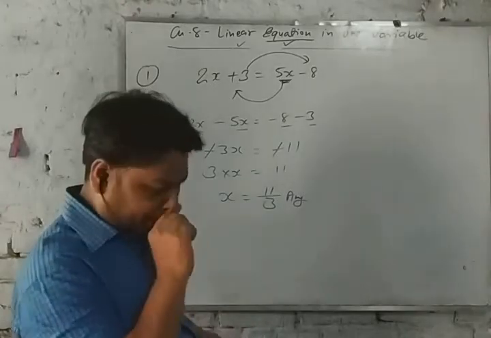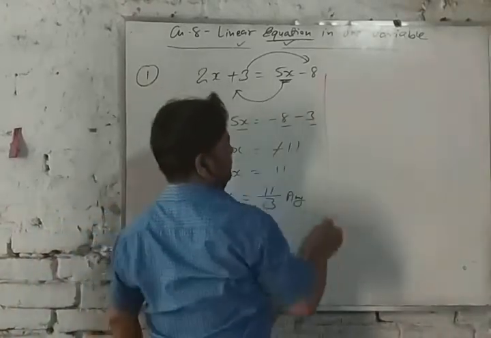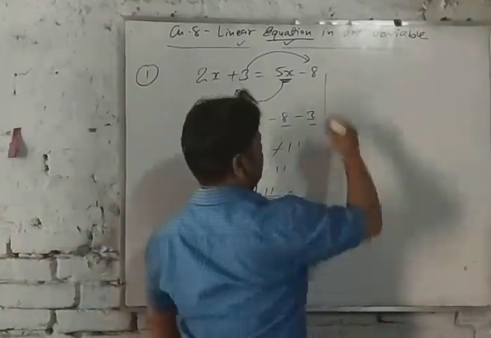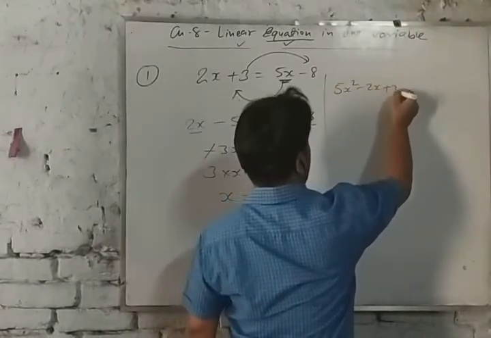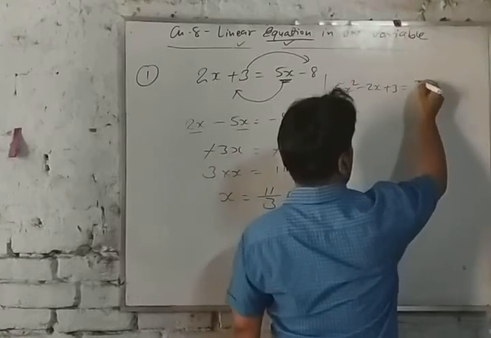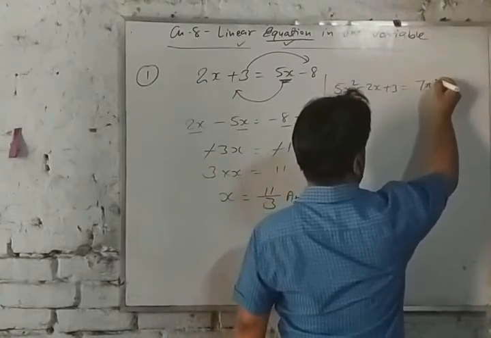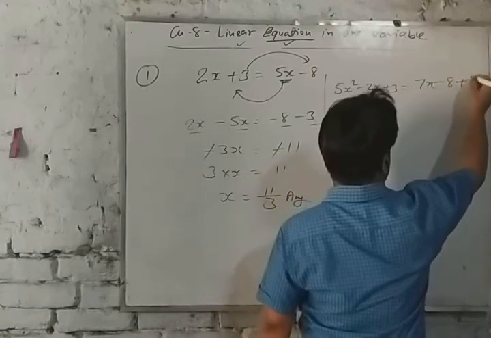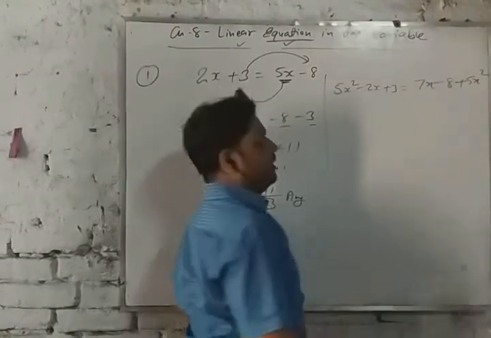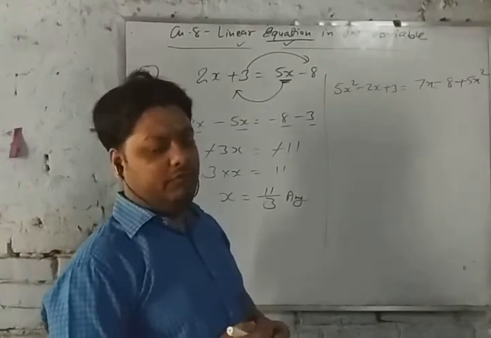So 11 by 3 is our answer. Okay, dear, one more question. The question is 5x square minus 2x plus 3 equal to 7x minus 8 plus 5x square. Now we have to find the value of x.